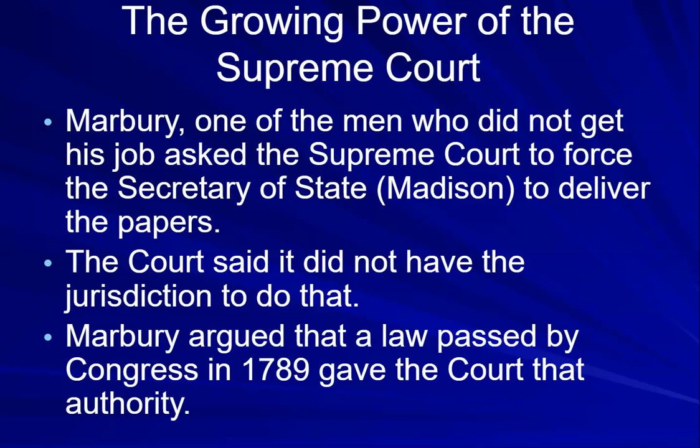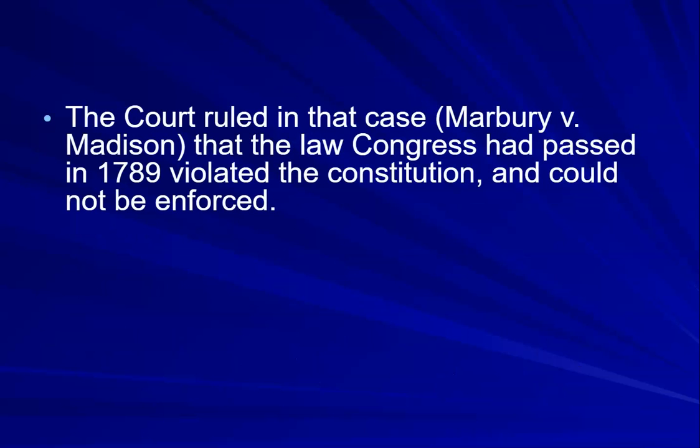The court said it did not have the jurisdiction to do that. Marbury argued that a law passed by Congress in 1789 gave the Supreme Court the authority to order the president to deliver these papers. So the court ruled in this court case, Marbury versus Madison, that the law Congress had passed in 1789 violated the Constitution and could not be enforced because it said that Congress could not give new powers like that to the Supreme Court, and the Supreme Court did not therefore have the authority to do this.